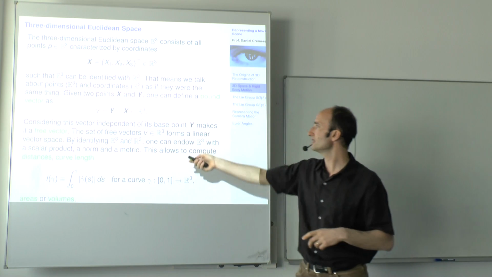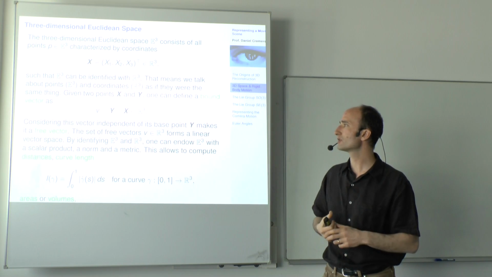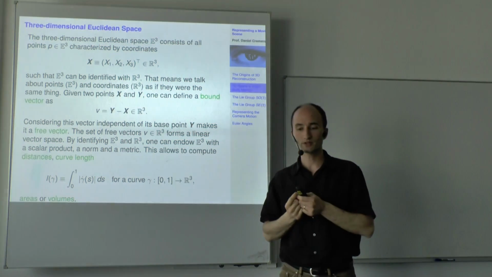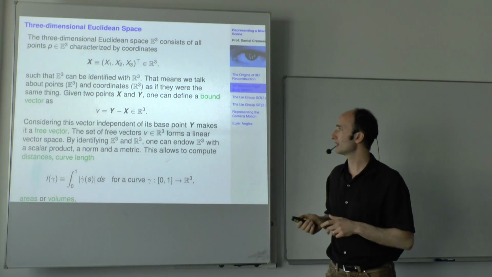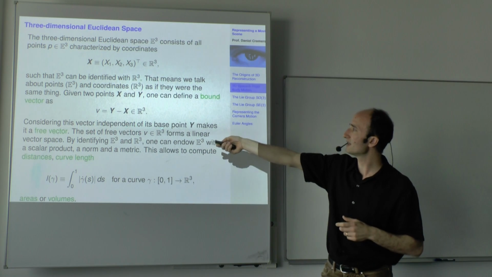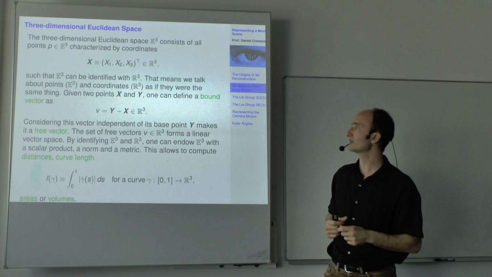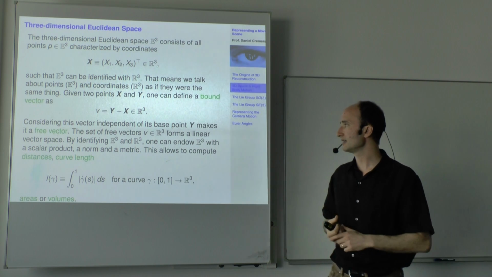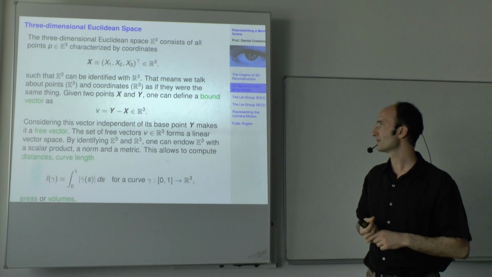The set of free vectors V in R3 forms a linear space, meaning the 0 vector is a free vector, and to each vector I have an inverse as well, so I can linearly combine free vectors and get free vectors, so this forms overall a linear vector space.